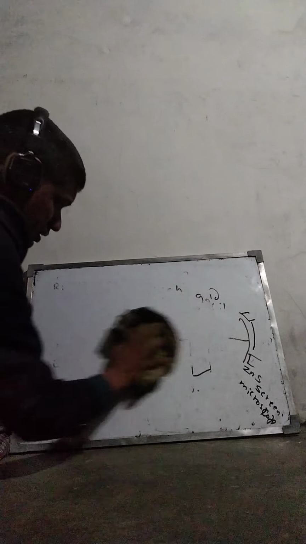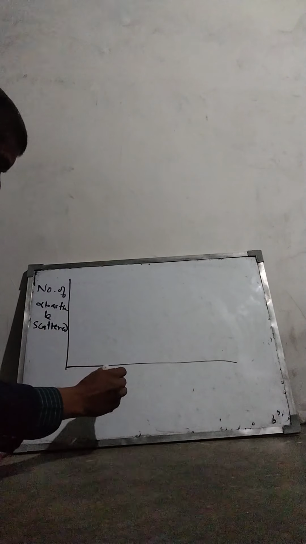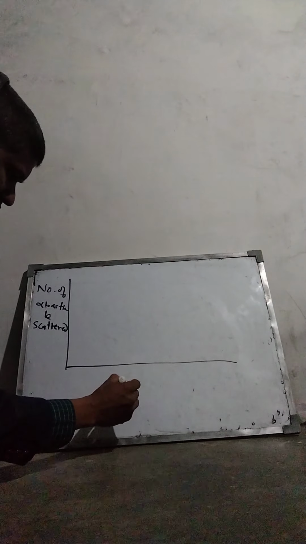So what was their observation? Their observation was like this. On the y-axis they took the number of particles scattered, and on the x-axis is the scattering angle.